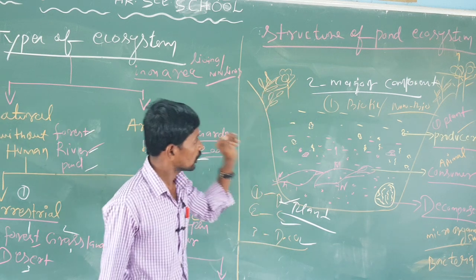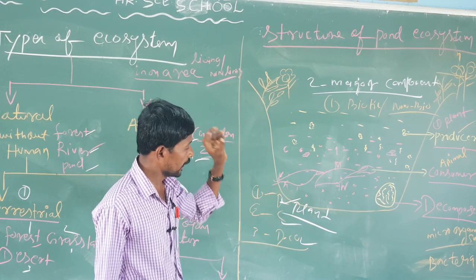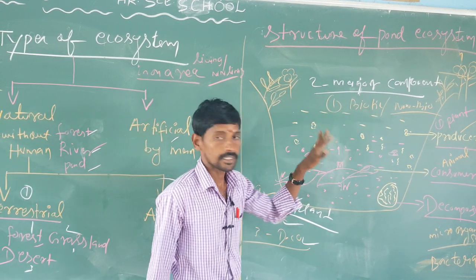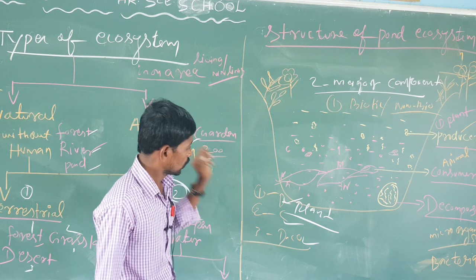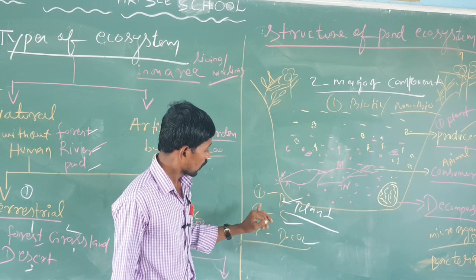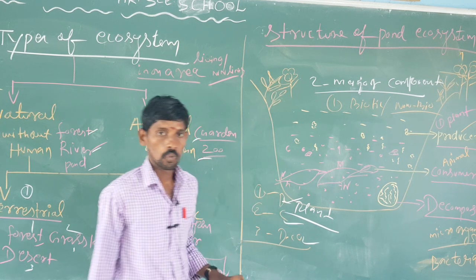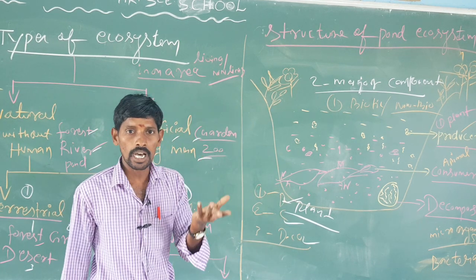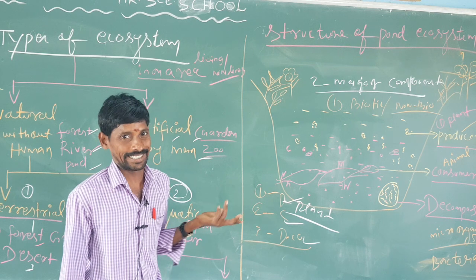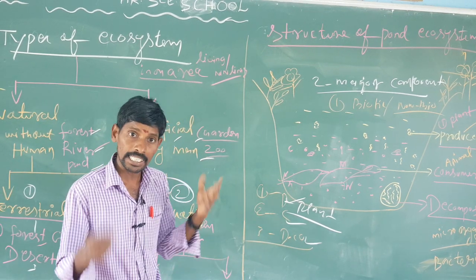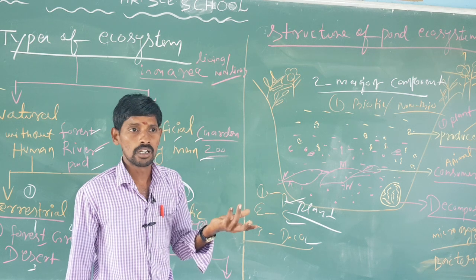Two major components: the first biotic, the second abiotic. Biotic has three types: producer, consumer, decomposer. Producers are plants that make their own food by the photosynthesis process. Consumers have no photosynthesis process and no green pigment, so they cannot make their own food.